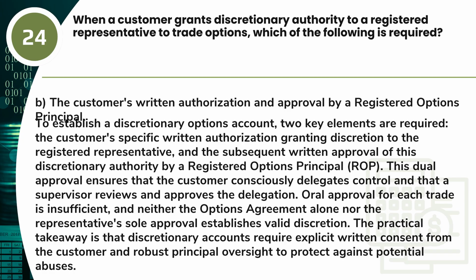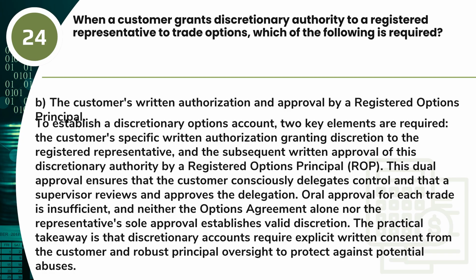Answer. B. The customer's written authorization and approval by a registered options principal. Explanation. To establish a discretionary options account, 2 key elements are required: the customer's specific written authorization granting discretion to the registered representative, and the subsequent written approval of this discretionary authority by a registered options principal, ROP.